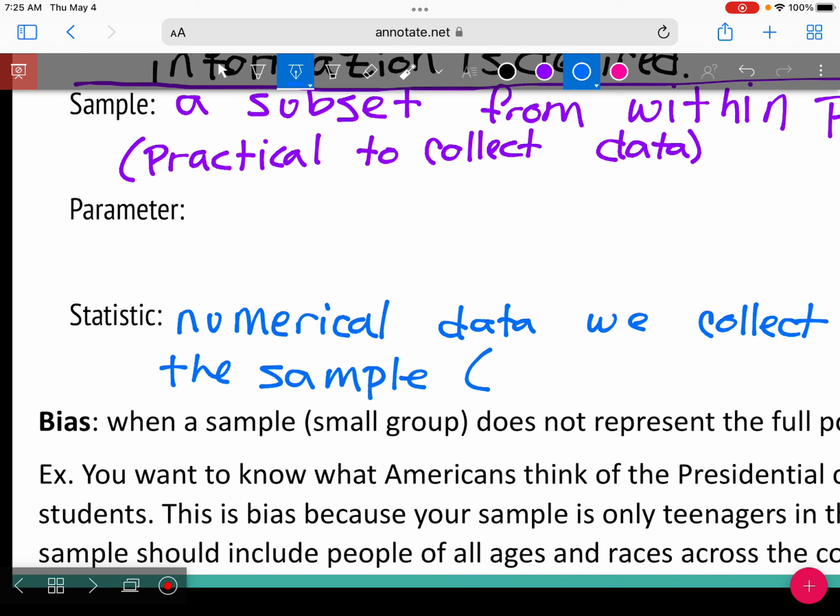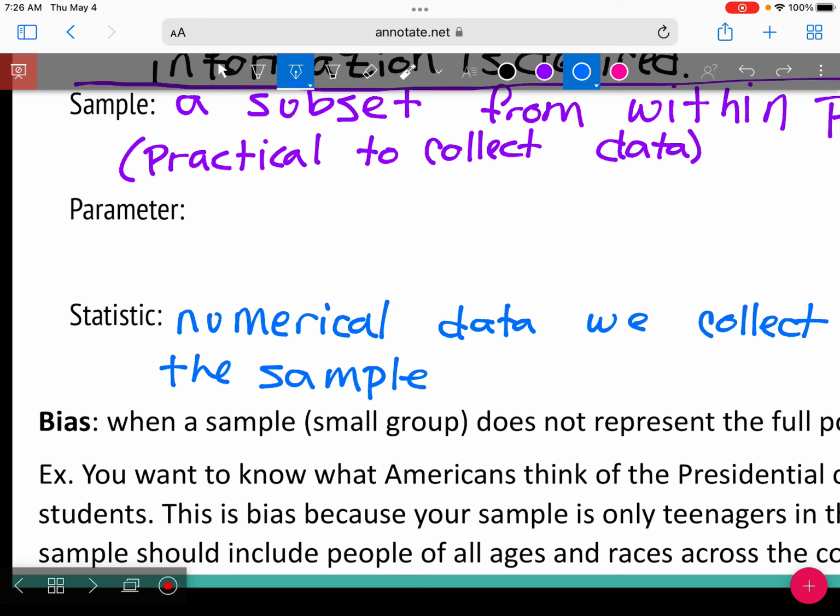These are the numbers. This is pure data. This is calculated. This is the information we have. This is our two-way table. These are the Venn diagrams we have. Those are the statistics. That's our data.